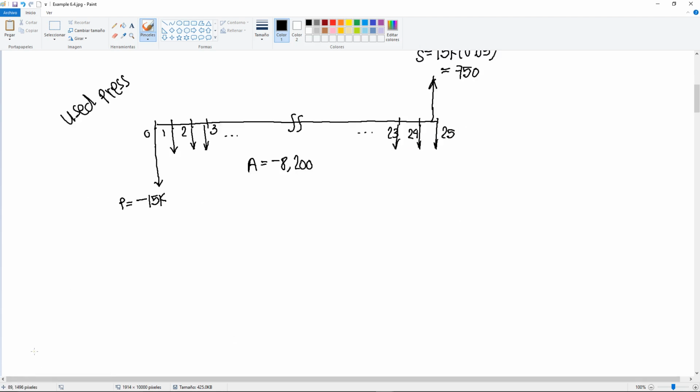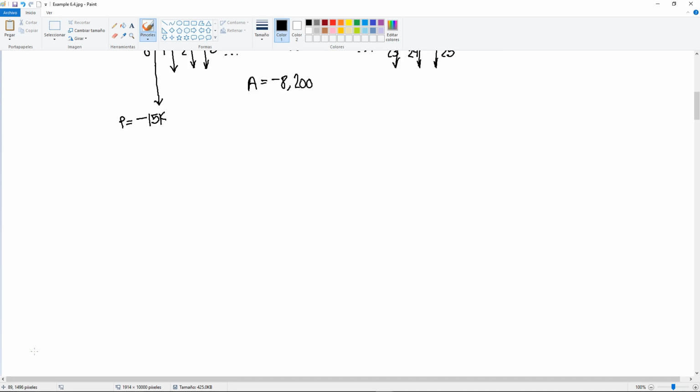Now let's draw the diagram for the new press. This is the second option that we have. New press. The life is also 25 years.